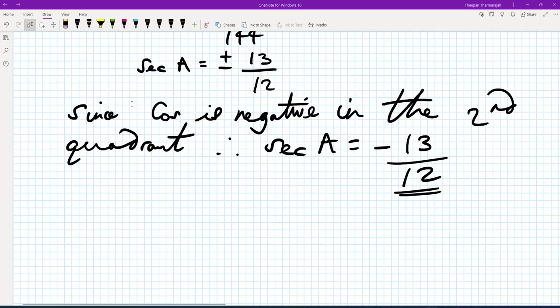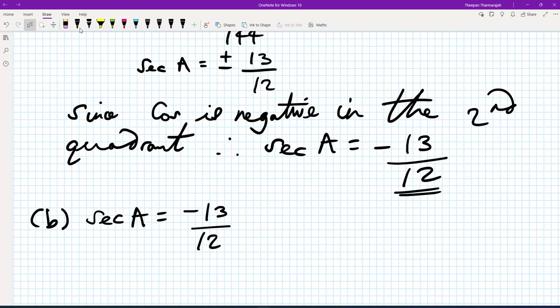Now for the next part, if sec A is minus 13 over 12, we can say that cos A is minus 12 over 13.